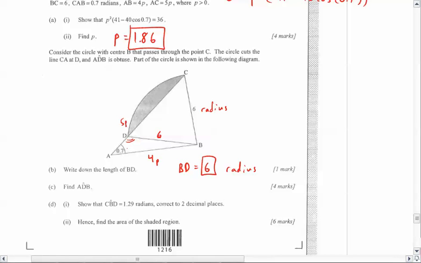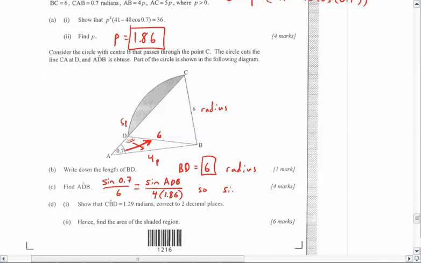Well, it looks like I'm going to use the sine law because I know an angle and a side across from it, and I want the other angle and side across from it. So sine of an angle divided by side across is equal to sine of this unknown angle divided by the side. And it's 4p, but I actually know what p is, so I can put that in as a number.